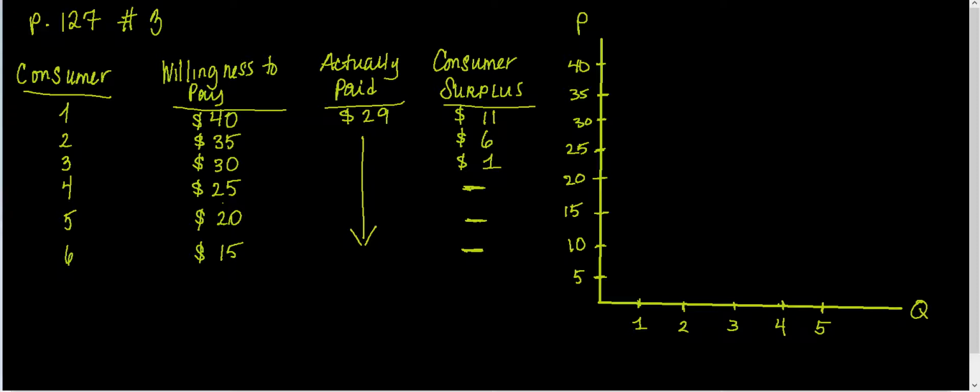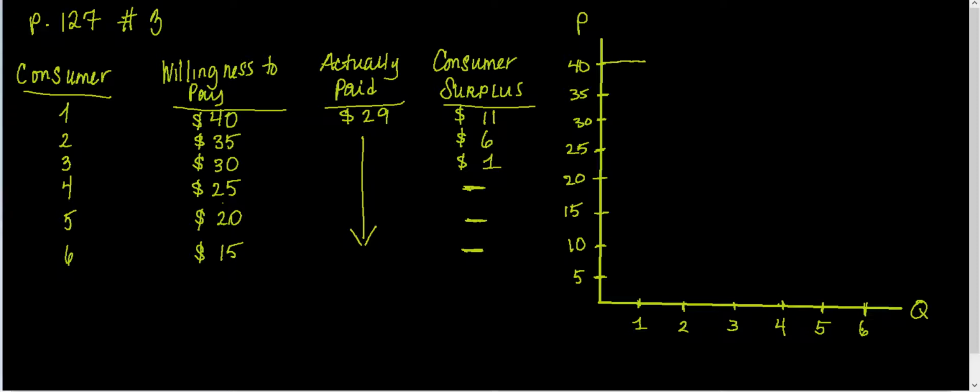Now, let's consider consumer 1 and the max that consumer 1 is willing to pay. Well, we know consumer 1 is willing to pay $40. So that's consumer 1.